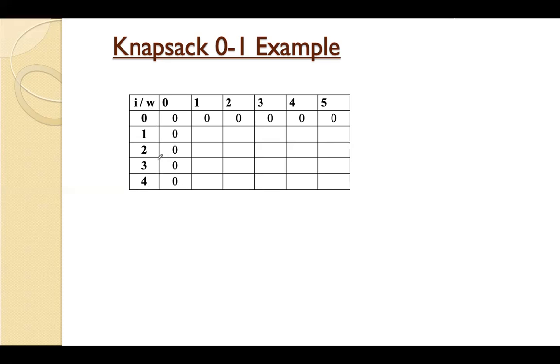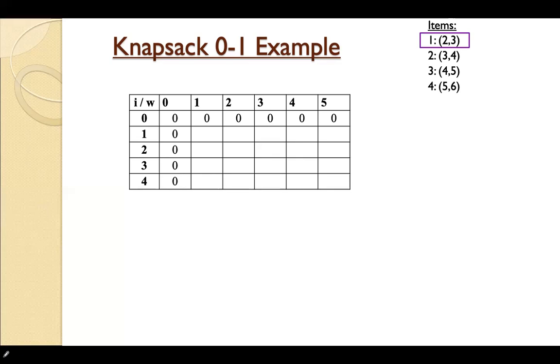So these are the 4 items: weight is 2, profit is 3; weight 3, profit 4; weight 4, profit 5; and weight 5, profit 6. So this is the task using the dynamic method. See, the flow in the program will be similar to this manual solution. So I will solve it here.